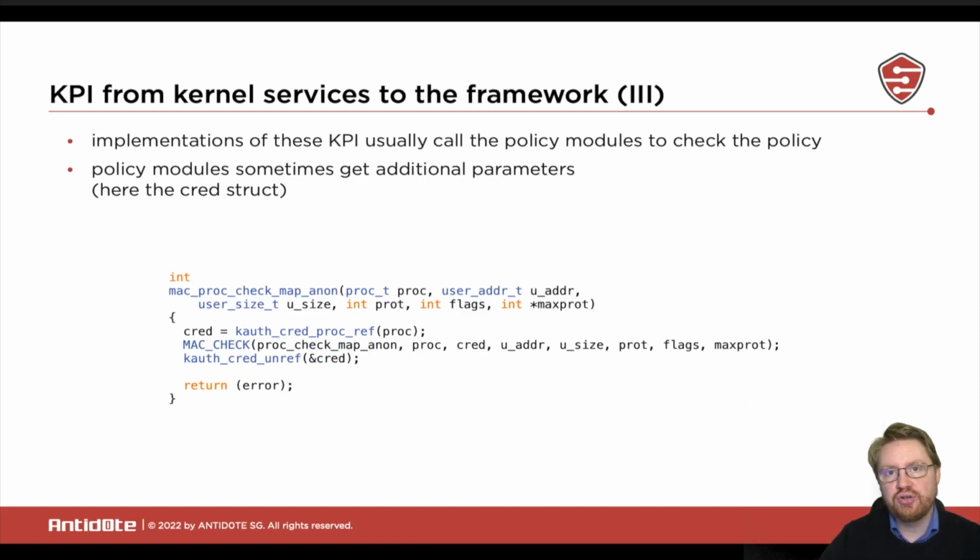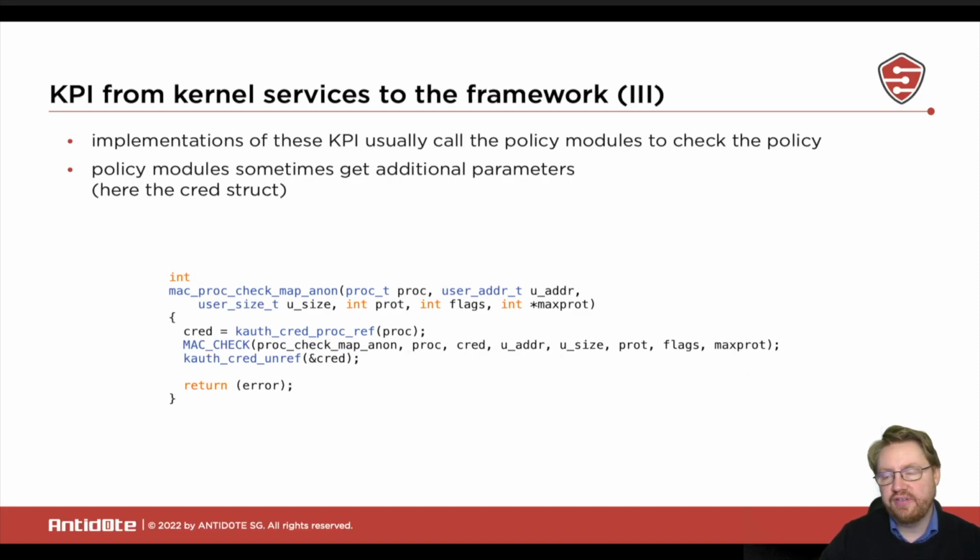This function could look like this. There's also the possibility that it changed over time, but for now, let's just say it looks like this. And what we can see here now is that in some cases, these calls will basically do nothing else than call a so-called mac check macro and give it the same parameters, so the name of the hook and then all the parameters.